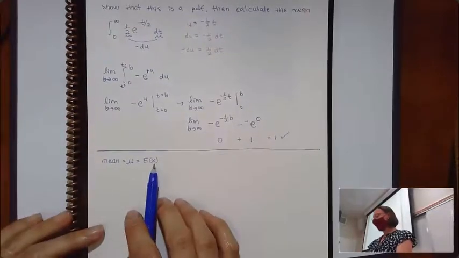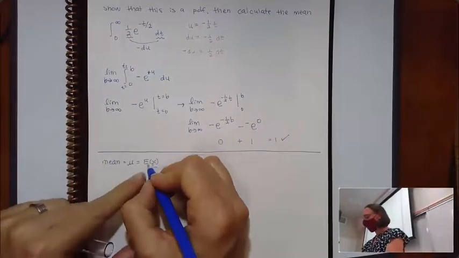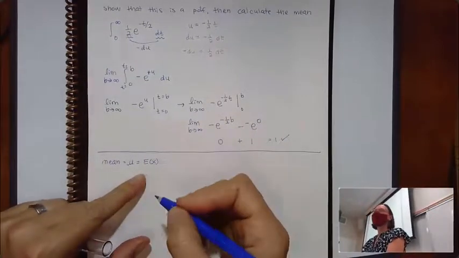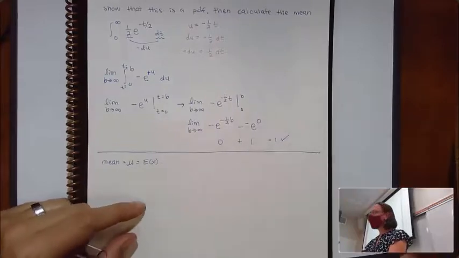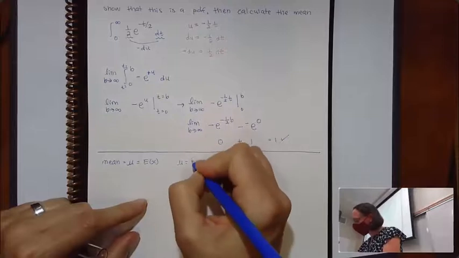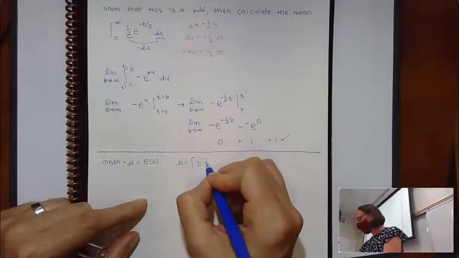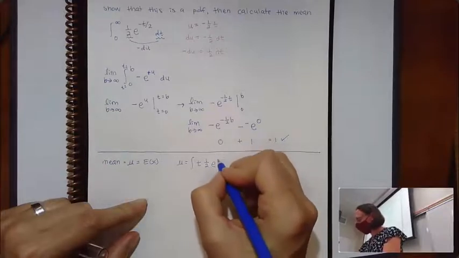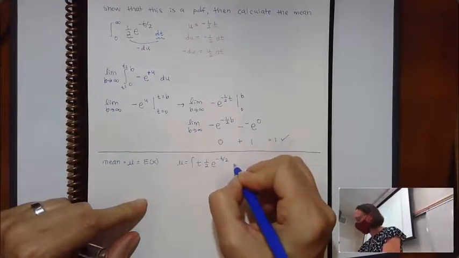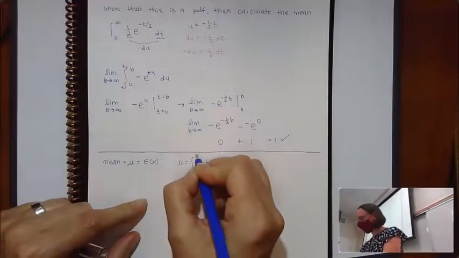It goes with whatever variable we have in the problem. So I've been writing it as expected value of x, but x isn't really our variable in the problem, t is. So when we write this, we would have the integral of t times our function, 1/2 e to the negative t over 2 dt from 0 to infinity.